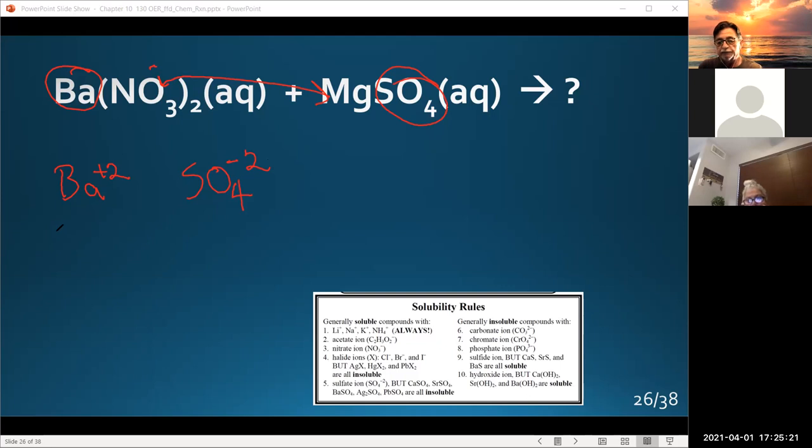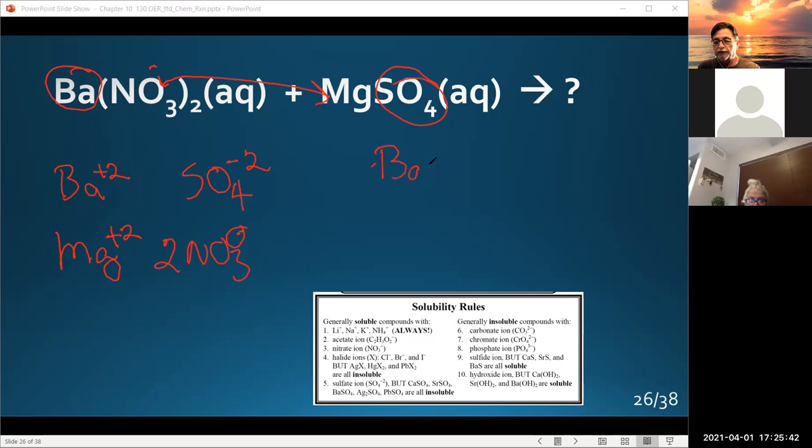Magnesium is also a +2, a group 2 element, and the nitrate, NO3, has a -1, okay? Well, if I'm going to combine magnesium nitrate, I need 2 nitrates. So let's write the formulas now of the new products.